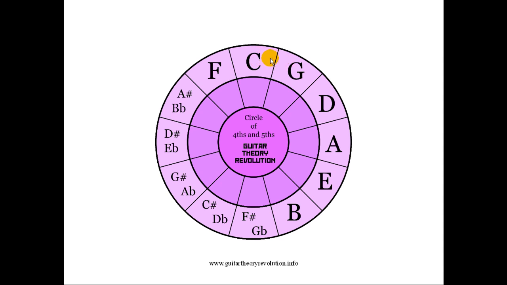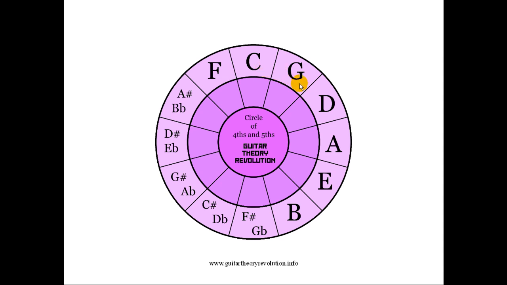Now a perfect fifth on the guitar is a fret distance of 7 frets. So if you play a C on your guitar and you play a note 7 frets up from there towards the bridge, you will be playing a G. That's a perfect fifth from the C to the G, 7 frets or a perfect fifth.